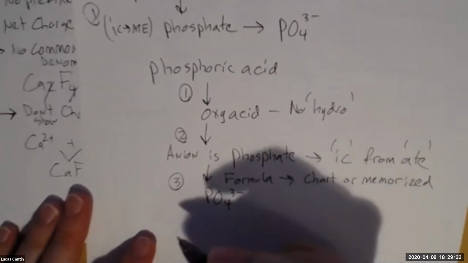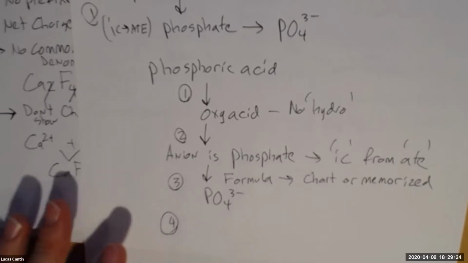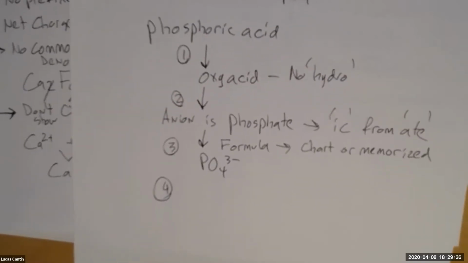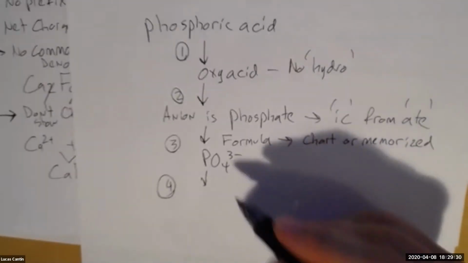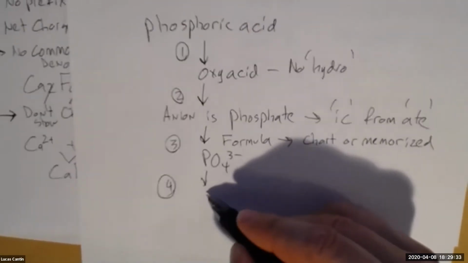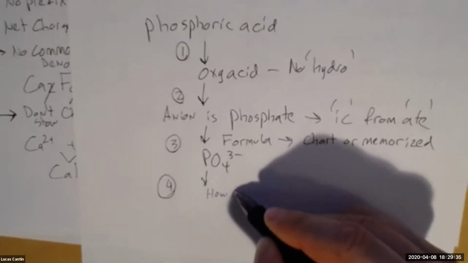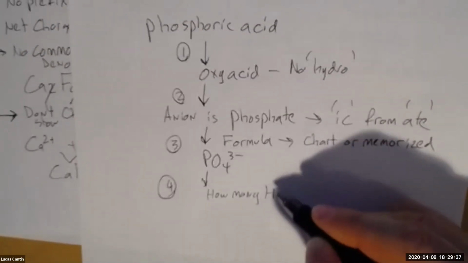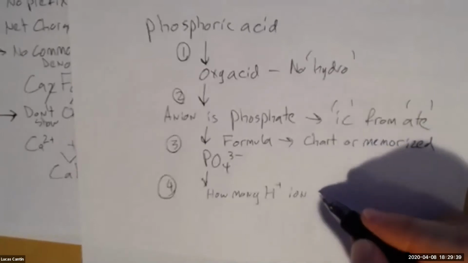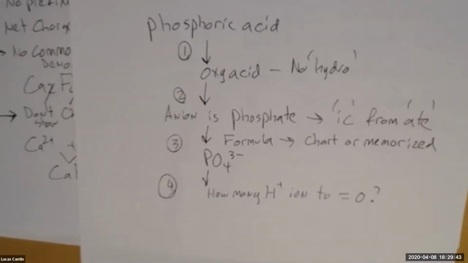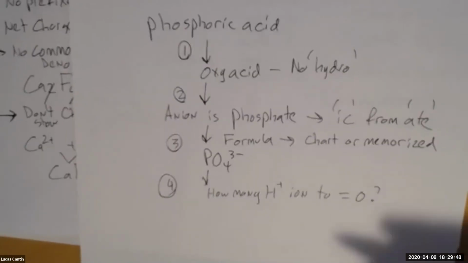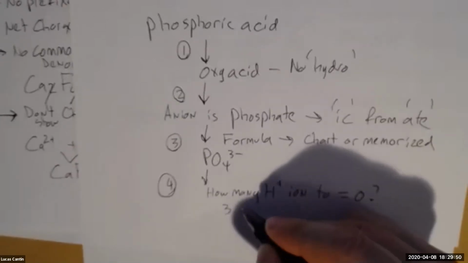And so it's a lot of steps. I go through this kind of quickly in the lecture, but here we are. Then the next question is how many hydrogen ions do I need to equal 0? 3. Yeah. 3 H pluses.